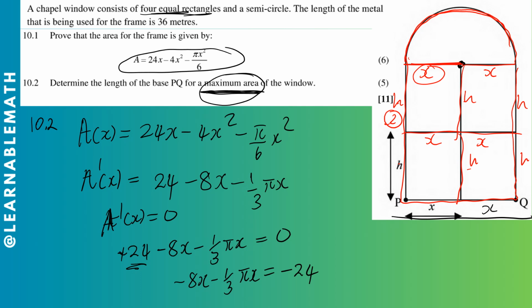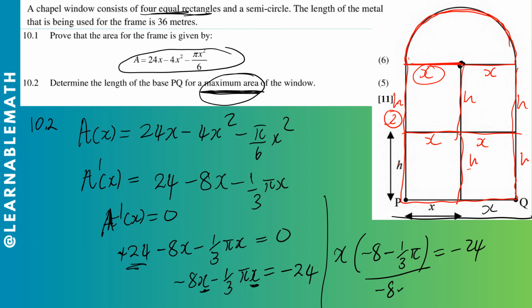Okay, so to solve for x, I can take x as the common factor here, right? Then I'll be left with minus 8 minus 1 over 3 pi, is equal to minus 24. Then to solve for x, I can divide both sides by minus 8 minus 1 over 3 pi.